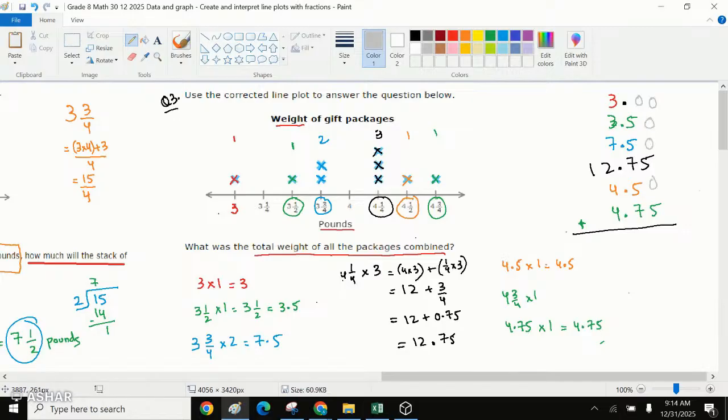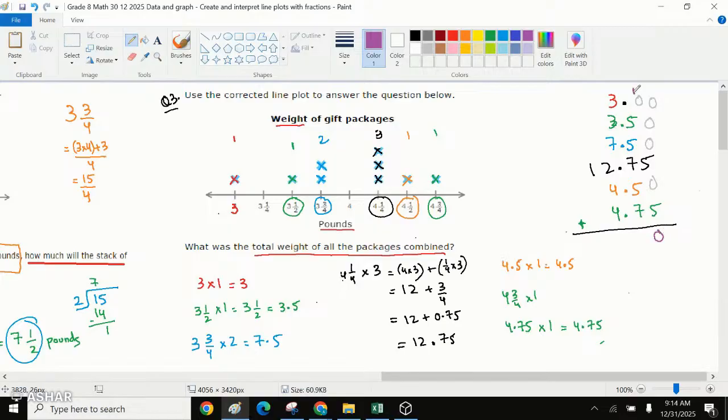So when we add all these numbers together, what can we say? Look at the tenths place. This would be 0 plus 0 plus 0, 5, 5 plus 0 and 5. This is 10.